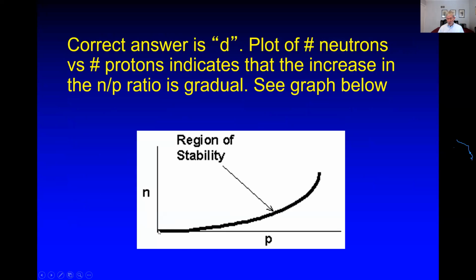If it were linear, this line would have been a straight arrow like this, but that's not what it does. It takes more and more neutrons as the proton number goes up to keep everything happy. And this is that yellow band of stability that we saw last week.